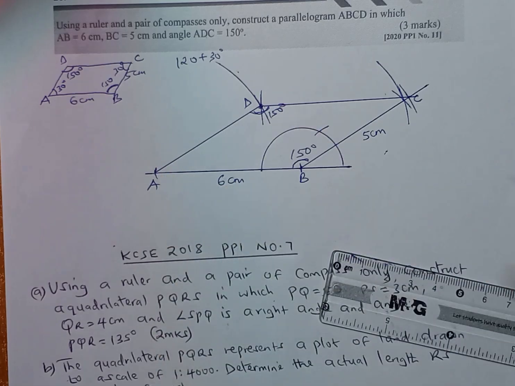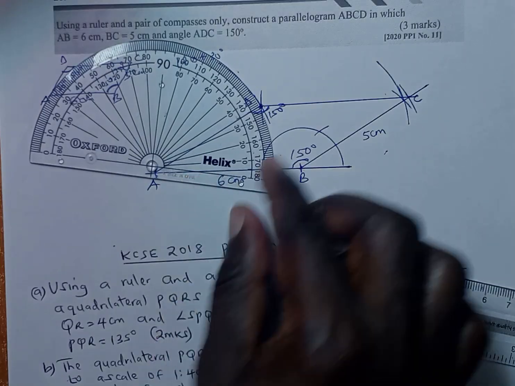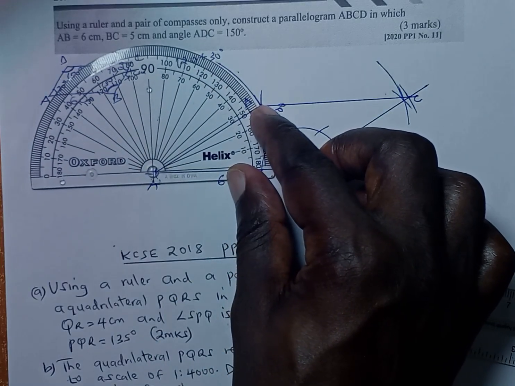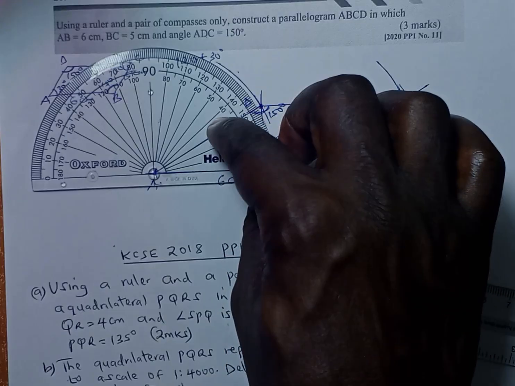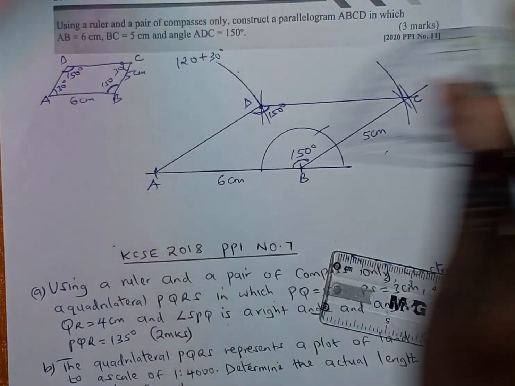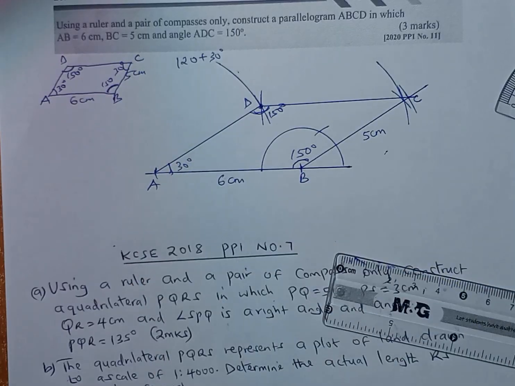And if you try to measure the angle at point A, it will give you exactly 30 degrees. That is exactly 30 degrees, as you can see. And that becomes the solution to this particular question.